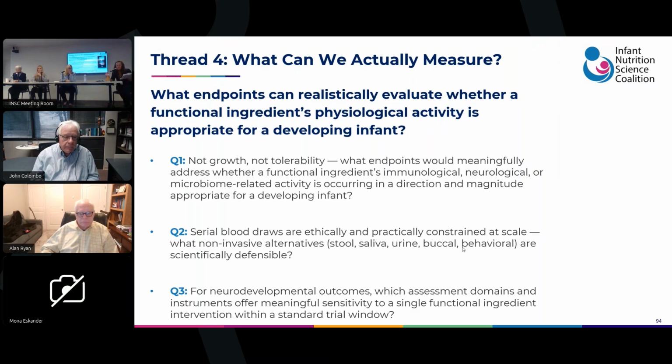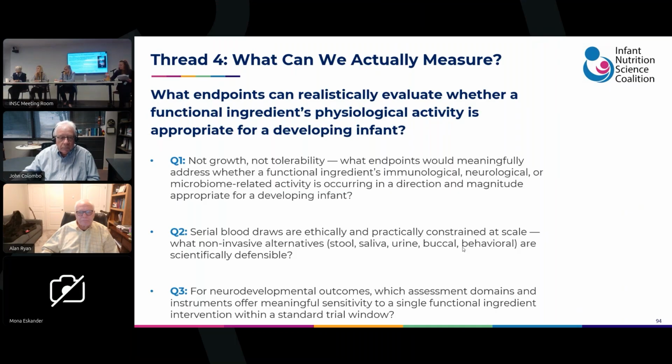Okay, my question would be, can we define a globally accepted evidence framework that reliably distinguishes biologically meaningful developmental effect from benign physiological modulation when evaluating non-nutritive functional ingredients in early life?